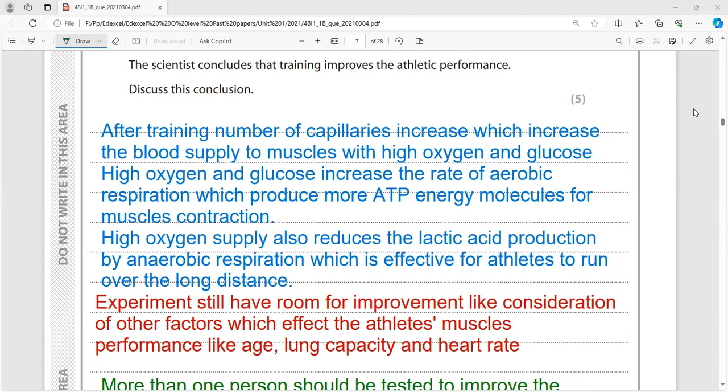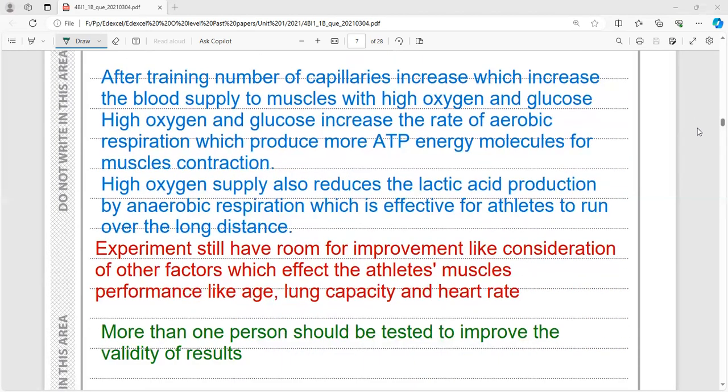And for the 5th mark, we're going to proceed to the next part here, and that is the experiment still has room for improvement. We need to consider other factors which can affect the athlete's muscle performance, for example, age, lung capacity or heart rate.